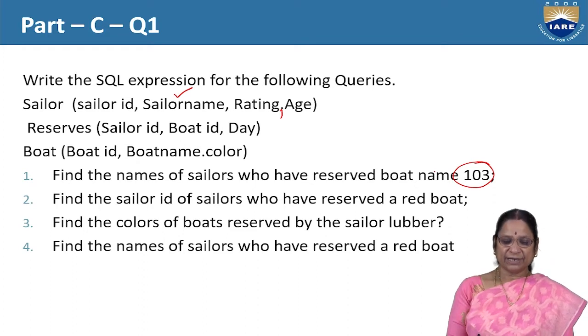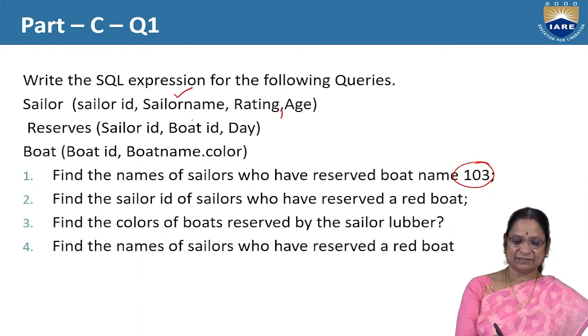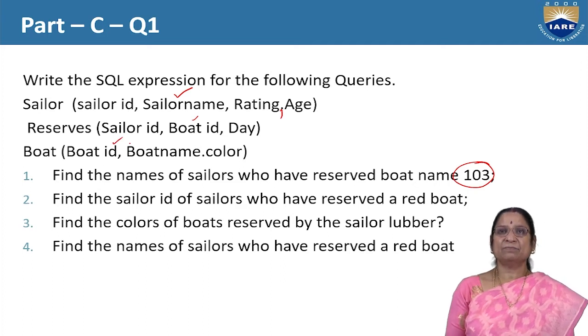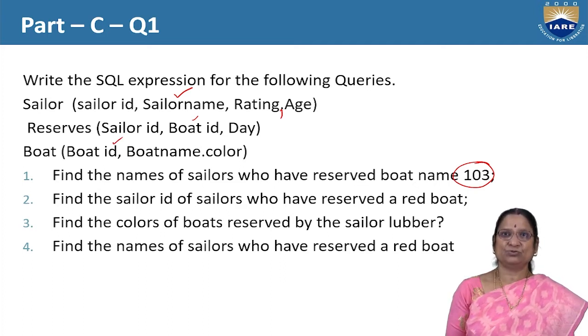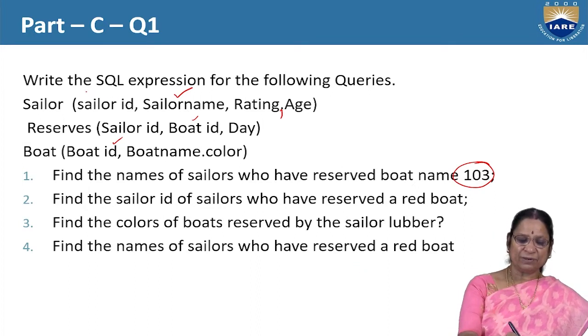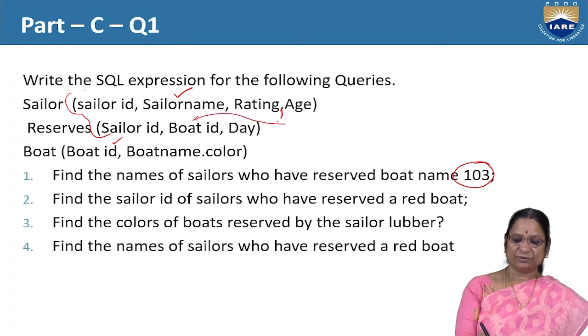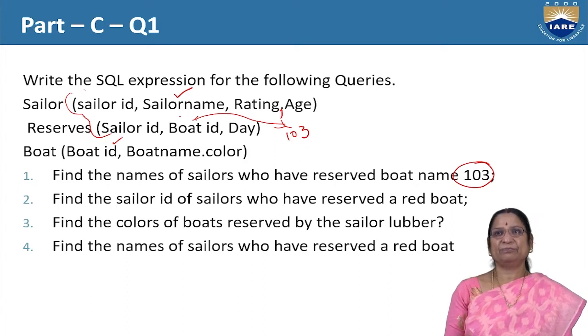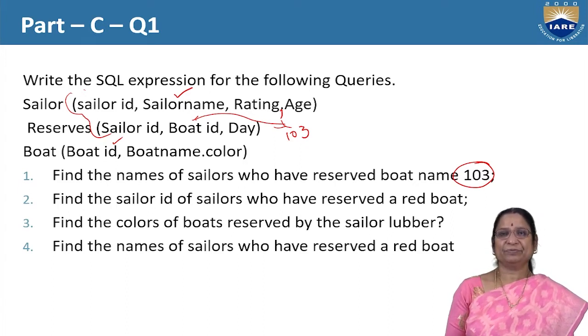Where is the boat ID actually? Boat ID exists in reserves as well as boat. But we need some association between those two. Sailor ID is common in sailor and reserves, and if the boat ID of reserves is 103, the respective sailor names are going to be displayed.